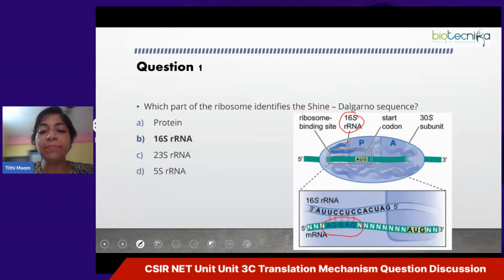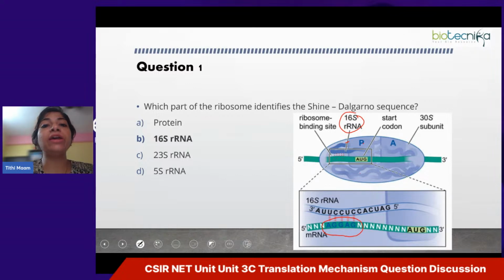Yes, absolutely. That's correct, Karen. The Shine-Dalgarno sequence is a conserved sequence, and it has been seen that in organisms where a mutation changes the Shine-Dalgarno sequence a lot, the efficiency of translation reduces.